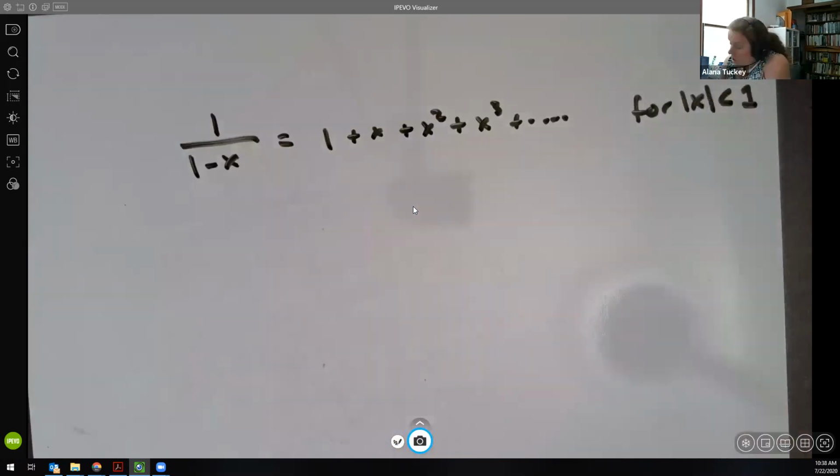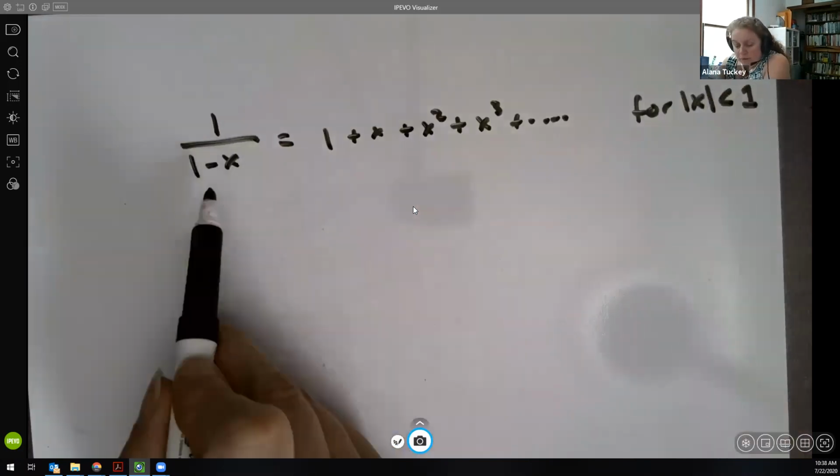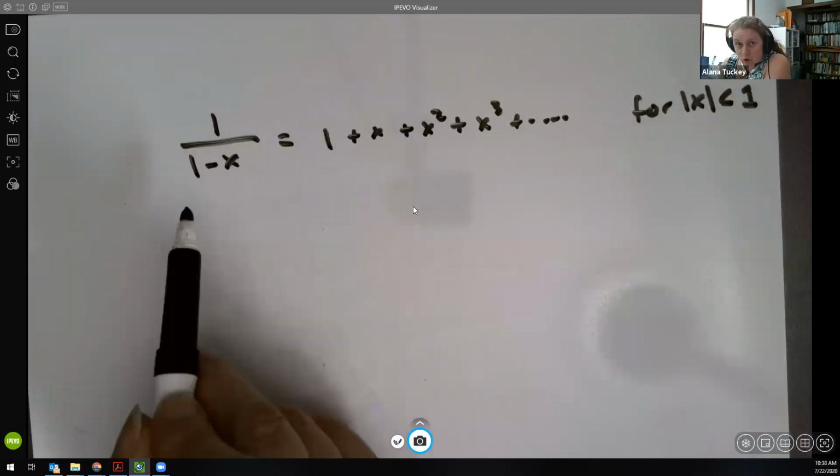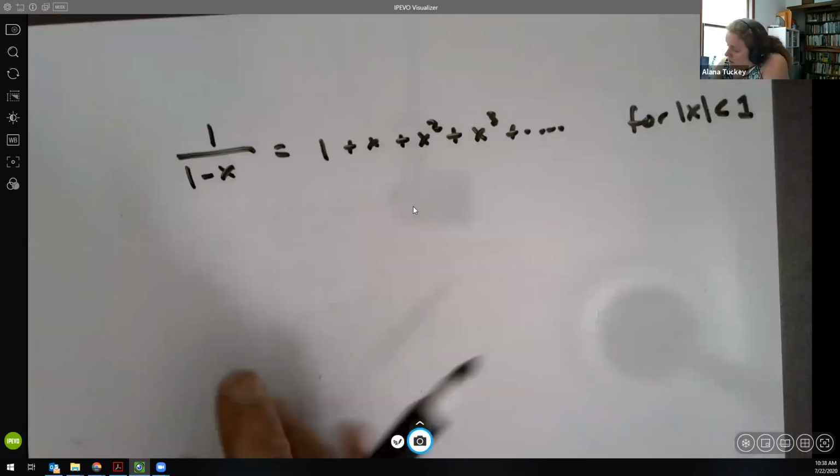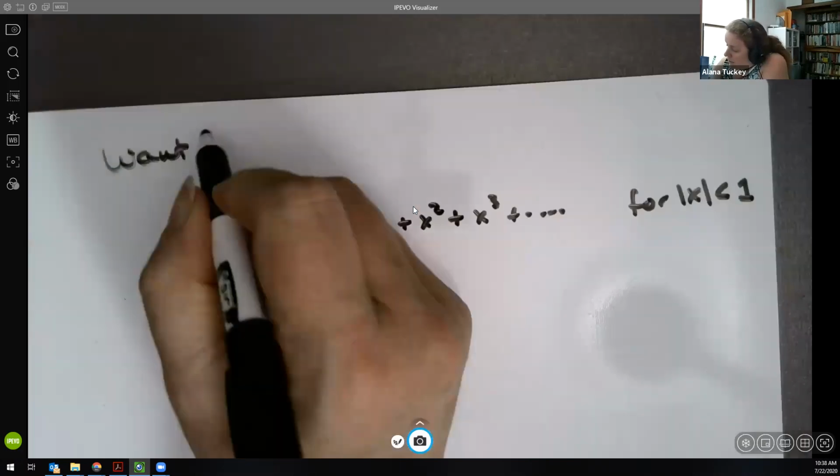They want you to use this series to come up with a series for the natural log of 1 minus x. So what they want is a power series.